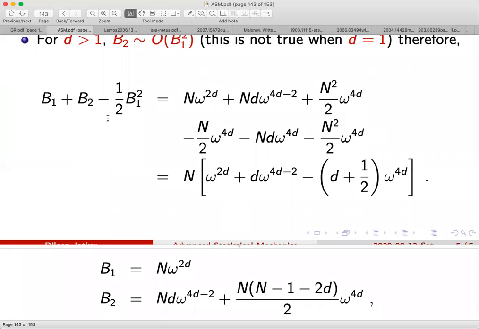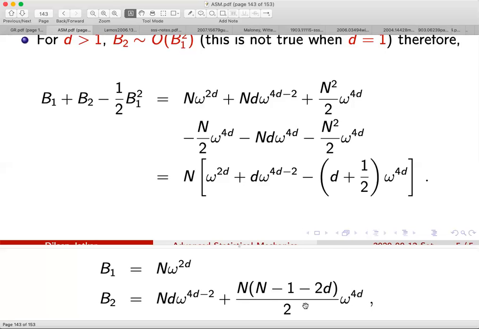And in the upper screen, we see that b1 is n omega to the 2d, that is the first piece. b2 is nd omega to the 4d minus 2 plus this entire piece expanded. Okay, so let's see how it is expanded. First term is n squared by 2 times omega to the 4d.